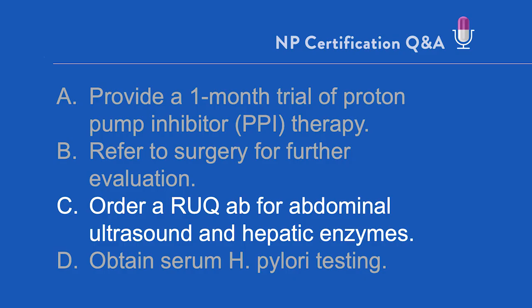A, provide a 1-month trial of PPI therapy or proton pump inhibitor therapy. Choosing this implies that you've been able to make the clinical diagnosis without additional testing needed. Of course, with GERD, the diagnosis is made clinically based on the patient's history, physical exam, and presenting signs and symptoms without requiring laboratory testing or imaging.